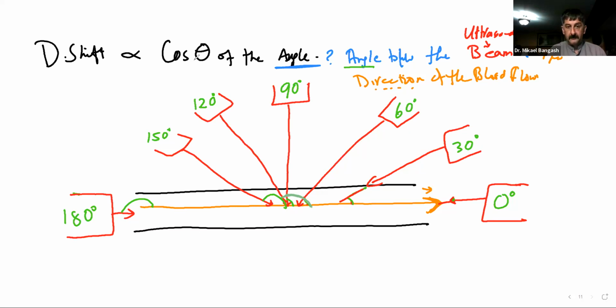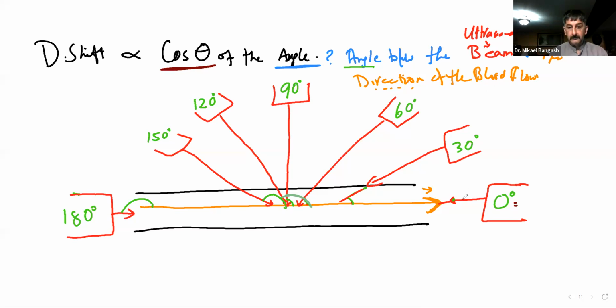So, ladies, the cosine theta value of a 0 degree angle, because that's mainly what we are talking about, right? And what was that cosine theta value? The cosine theta value of the angle. Which angle? The angle between the ultrasound beam and the direction of the blood flow.